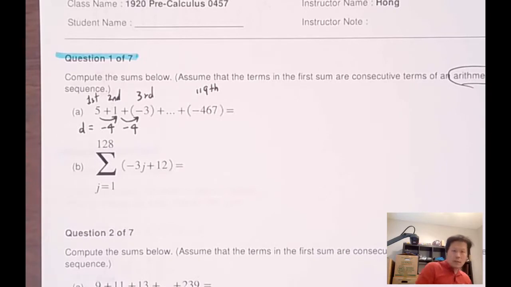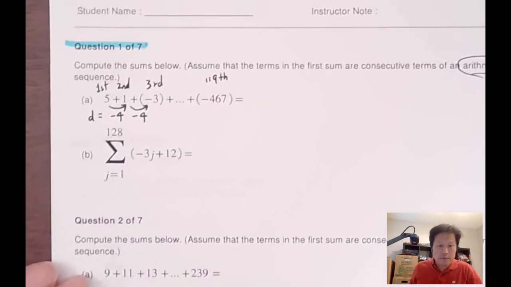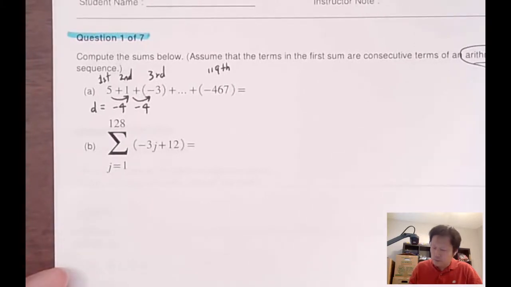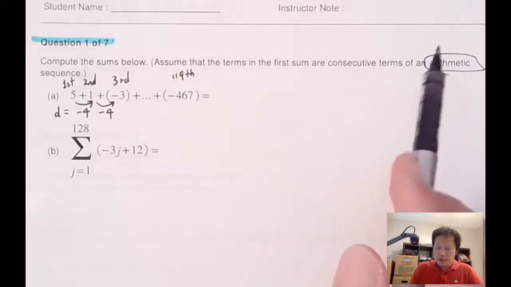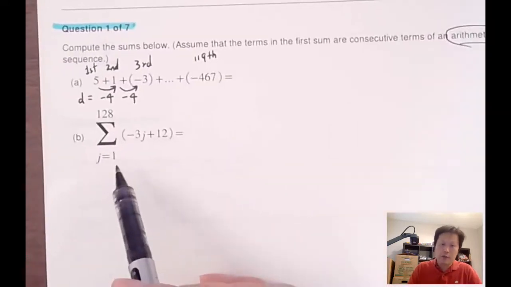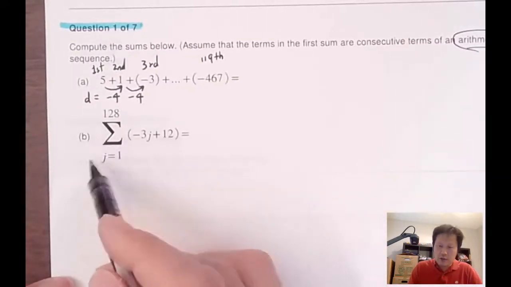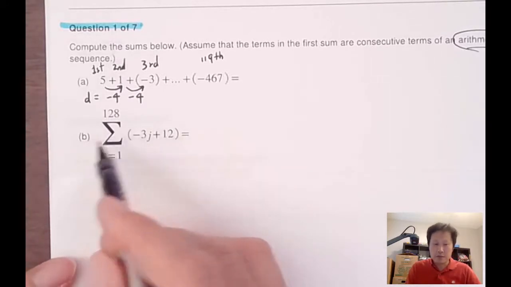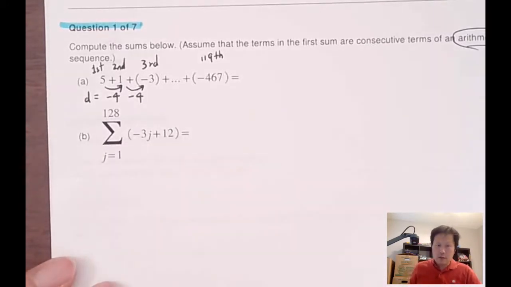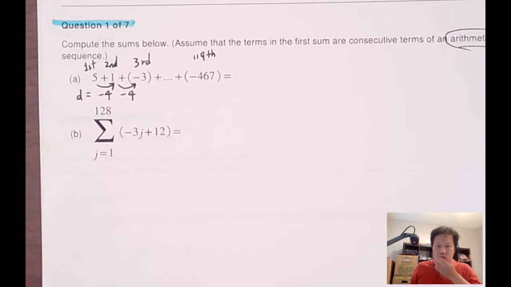Let's look at the second example here. Still, we do know that it is an arithmetic sequence here, but they express it in terms of using the sigma notation. This is called the sigma. So if you looked at my previous instruction, you should know how to do this.